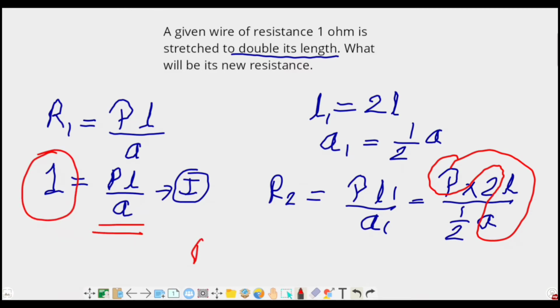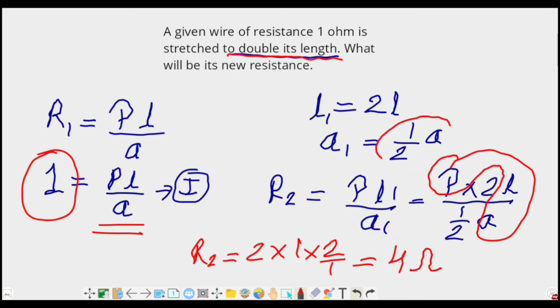So when you substitute that, rho L by A is 1, and 1 by 1/2, when you take it up, will be 2 by 1. When you multiply, it will be 4 ohm. So when the length is stretched double and area is half, your new resistance will be 4 times the original one.